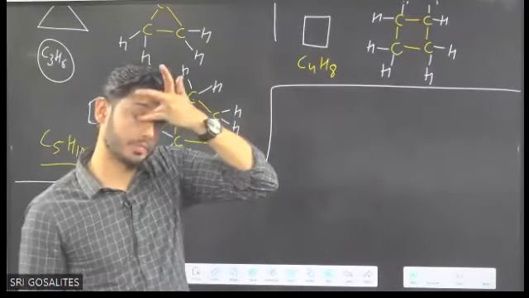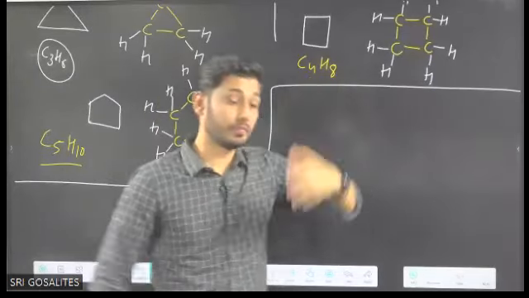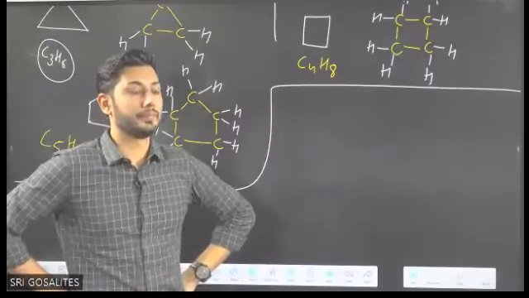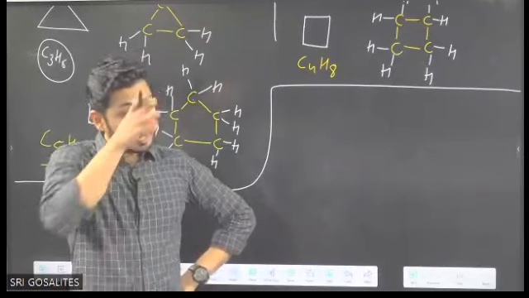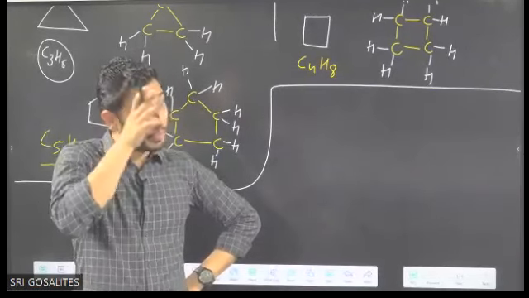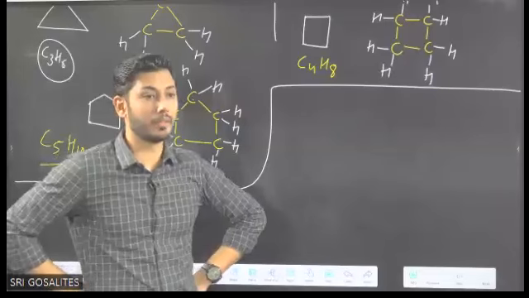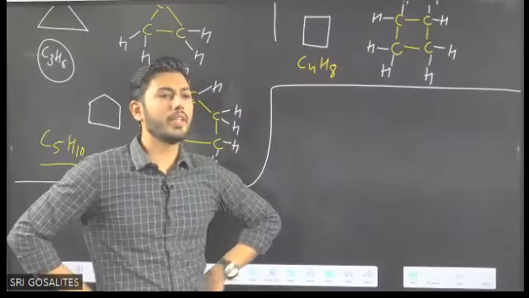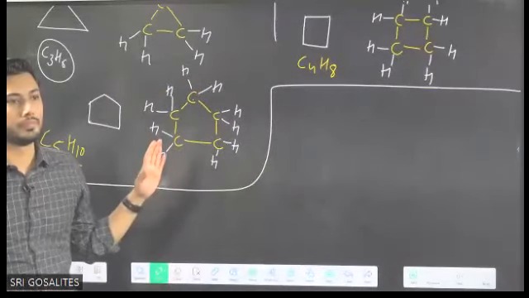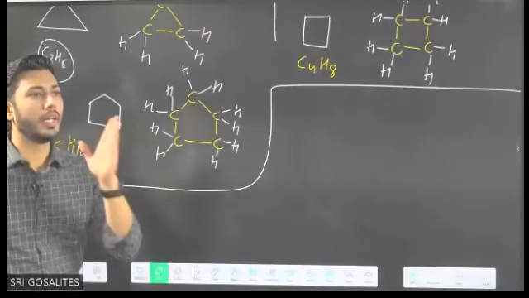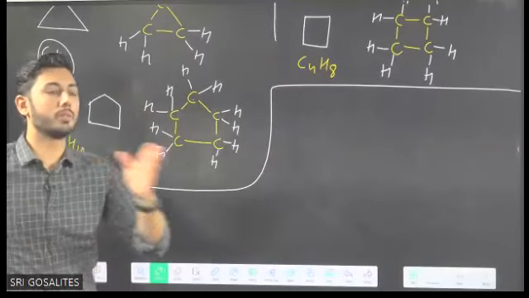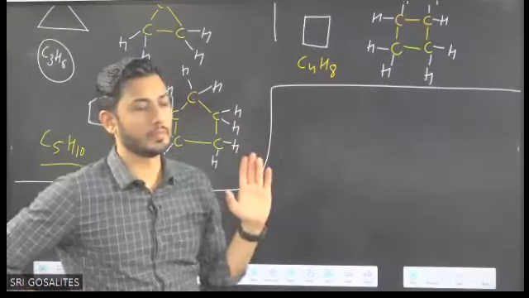Hexane, which structure? NCERT you should buy. Other material will be given. Our material will be given. Hexane has no double bond. It is merely single bonds between carbon atoms.